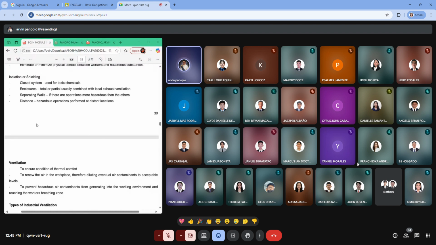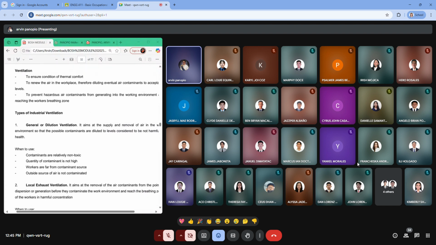So, for the ventilation, we need to ensure the condition of thermal comfort by reducing the excess or high volume of hazardous substances that are suspended in the air.